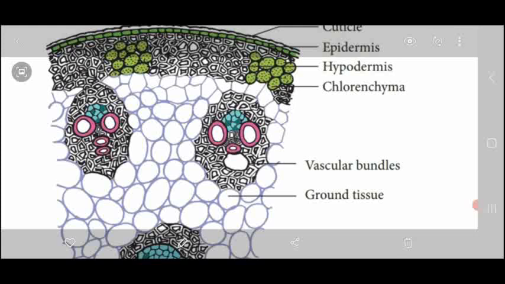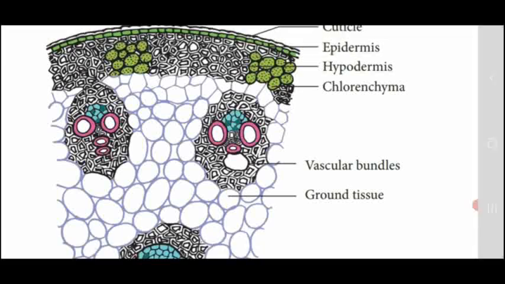See the vascular bundle. Phloem and xylem elements are present. The xylem is divided into metaxylem and protoxylem. The large size is metaxylem. The smaller size is called protoxylem. See the xylem arrangement. It is arranged in the form of V shape.